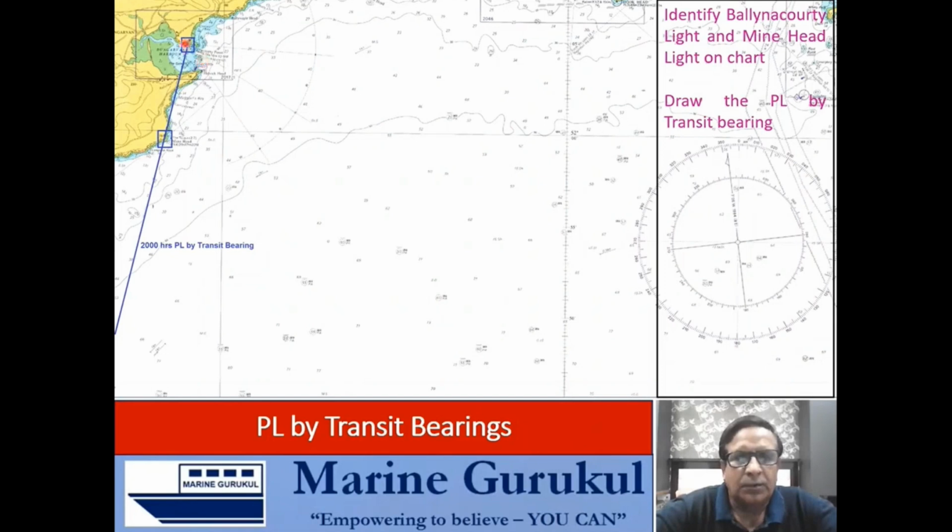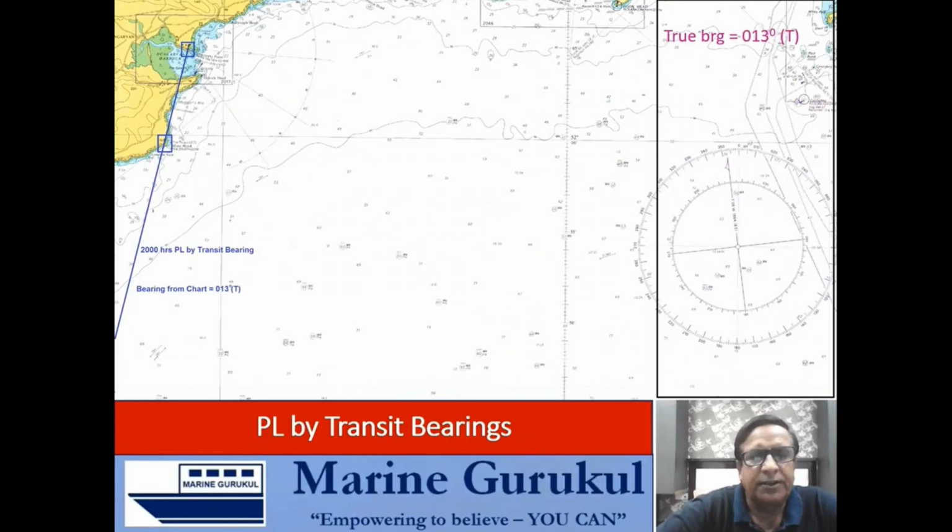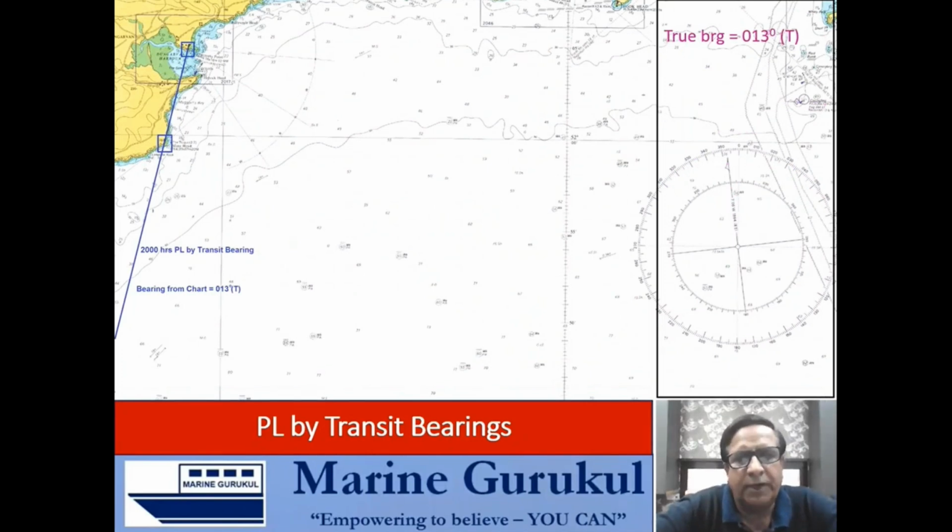Now we use our parallel ruler, put it on this line and read off the bearing of Minehead and Bellina-Coty, which of course would be same from the compass rose. In this case, we find that the true bearing of Minehead or Bellina-Coty, which is same, is 013 degrees true as read from the chart.